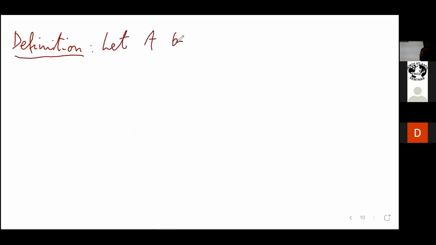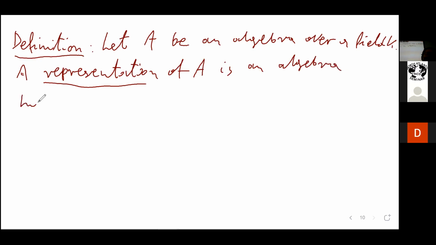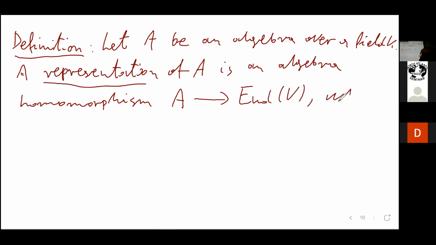So let A be an algebra over a field K. A representation of A is an algebra homomorphism from my algebra A to the algebra of endomorphisms of some vector space V, where V is a K vector space.